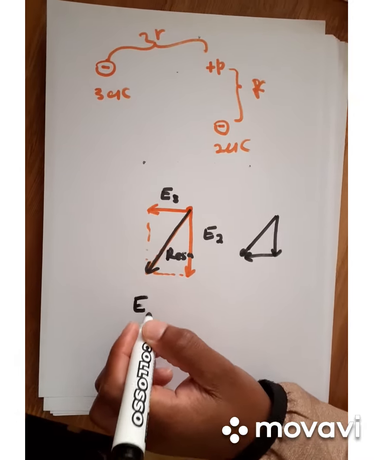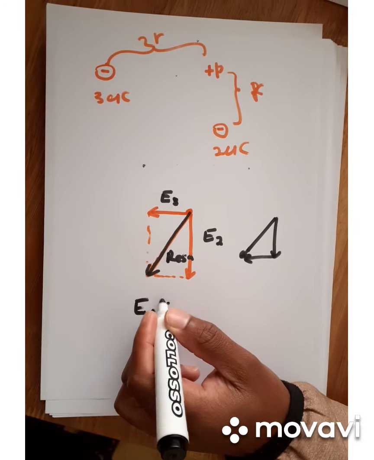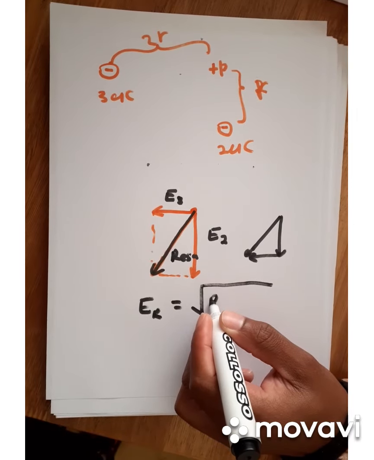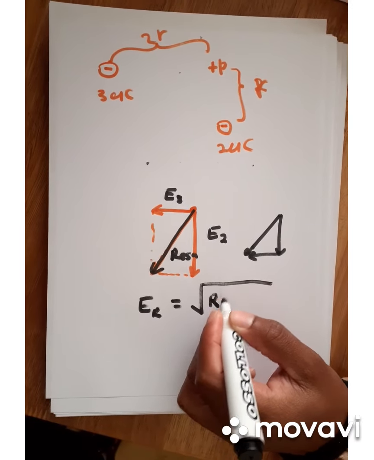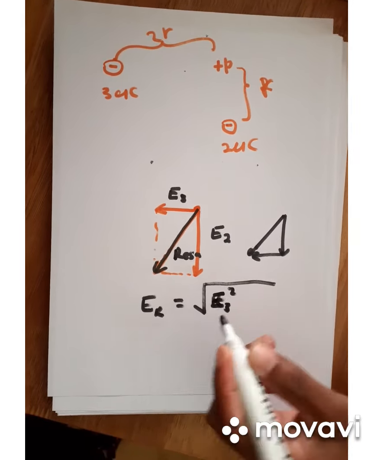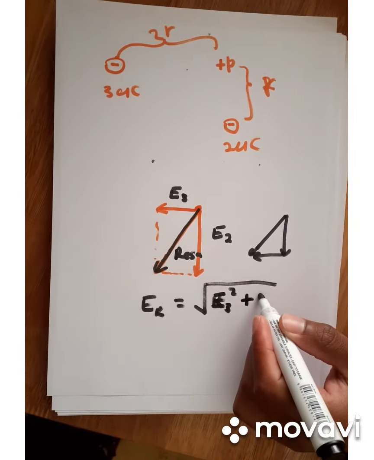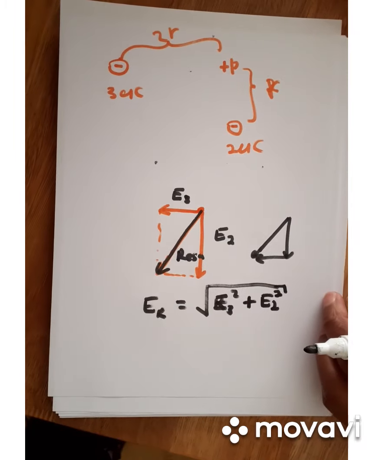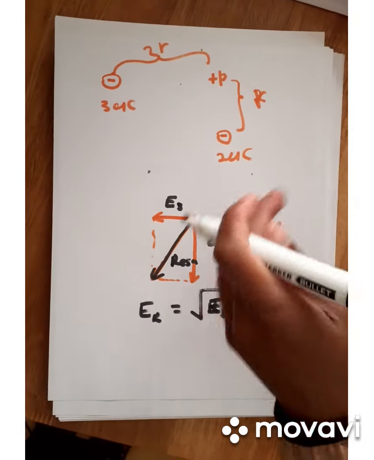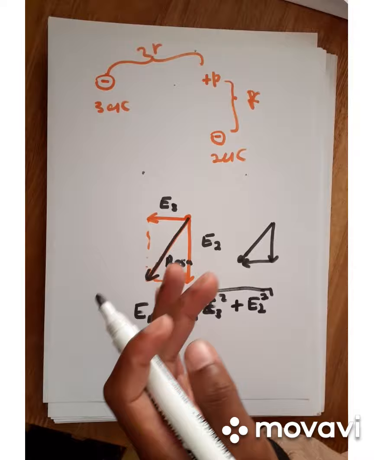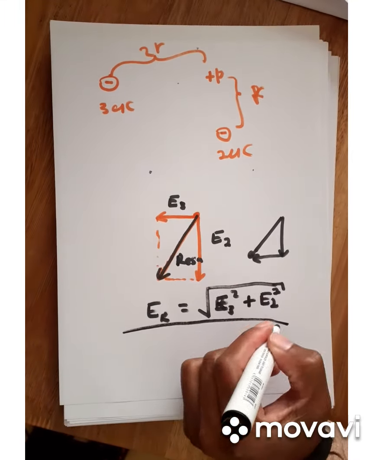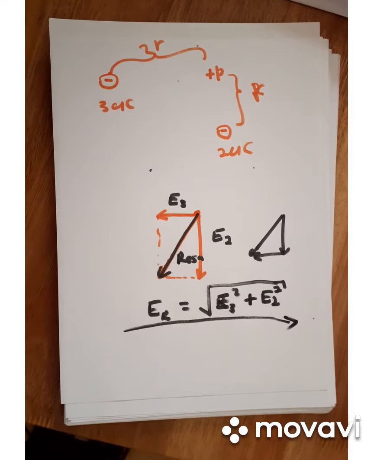So the E resultant is going to be the square root of E due to 3 squared plus E due to 2 squared. This is it. Same applies if the question was find the resultant force. We're going to do the same thing. I think this is the end of the chapter.